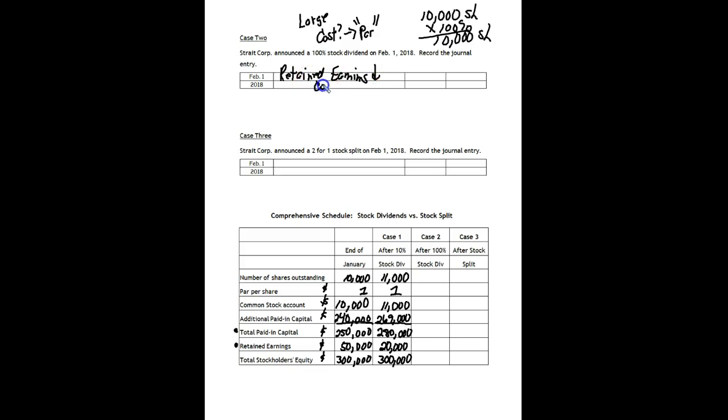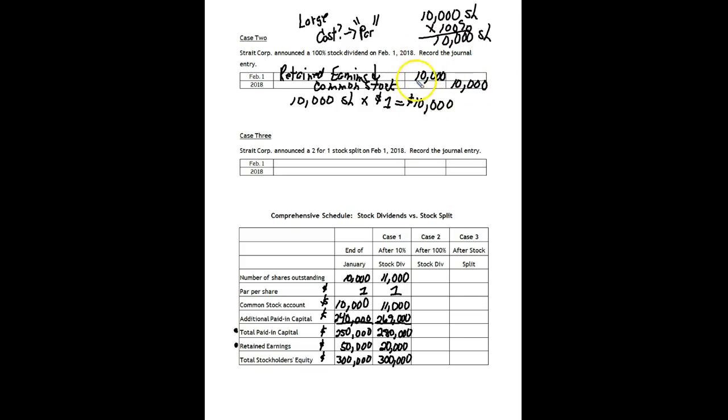And we're going to issue common stock, and we use par value. So we're issuing 10,000 more shares. Par value is only $1. So $10,000 is the cost of this dividend. So we debit retained earnings, 10 grand, credit common stock, 10,000.